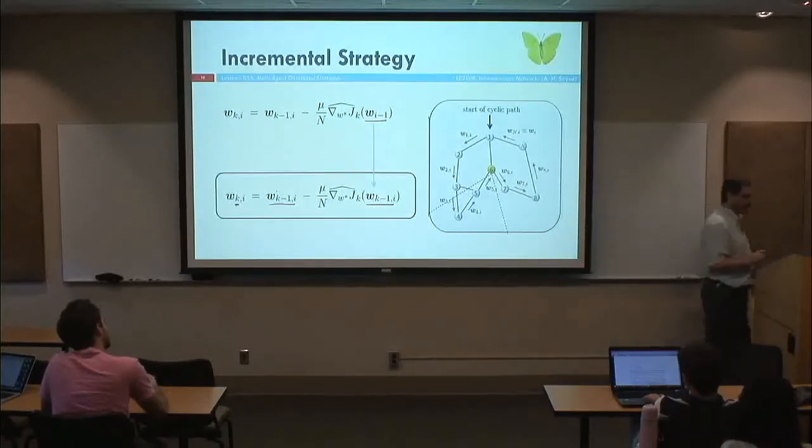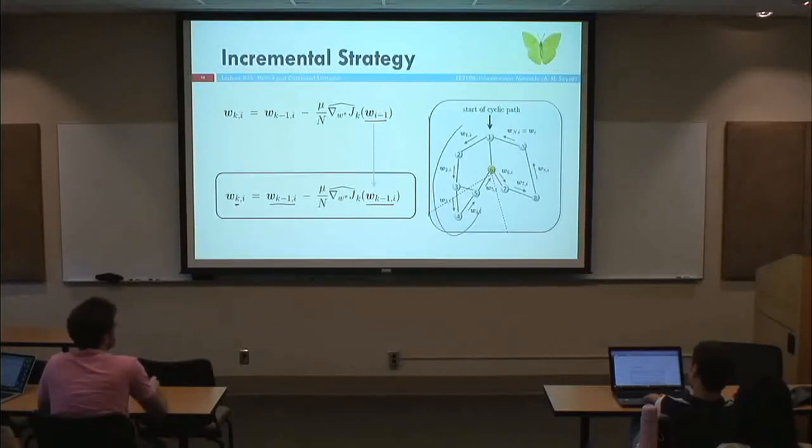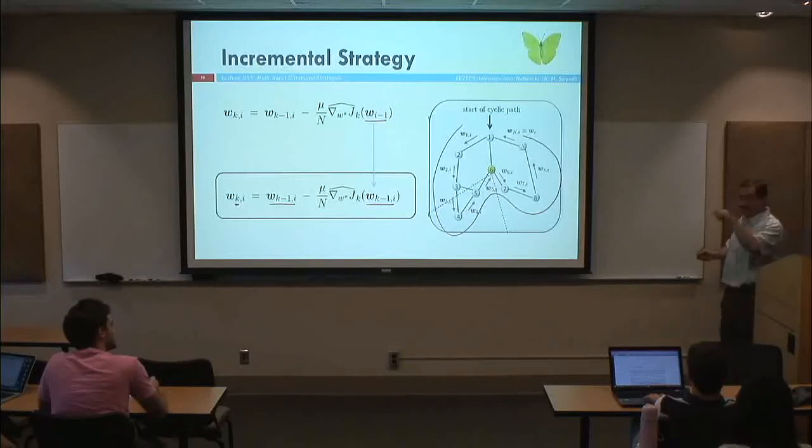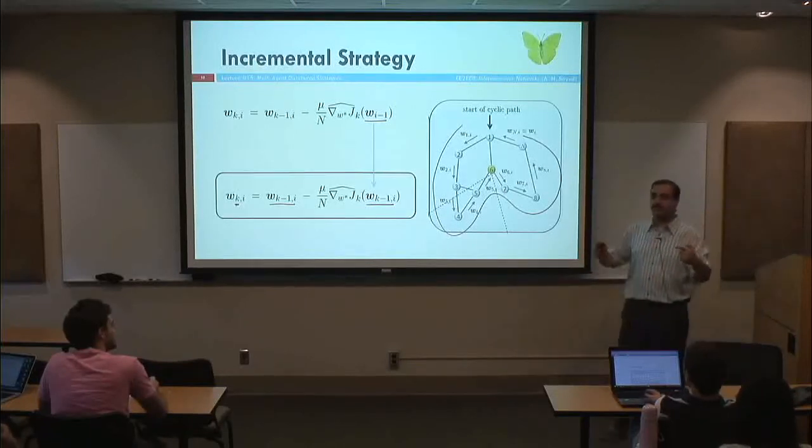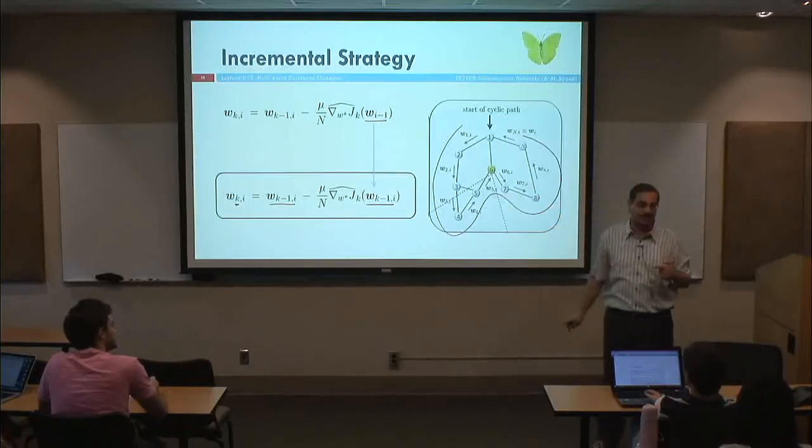So this is an example. I have a network here. I start by numbering the agents 1 through n, and I start by finding a cycle that visits all the agents, because I have to visit all of them and restart. So you have this additional step that you need to do, which you will not need to do when we study consensus and diffusion. But in incremental, you need it.